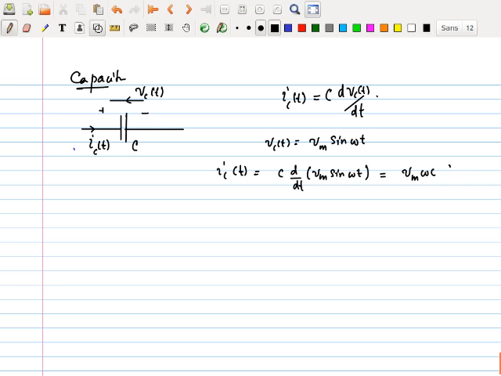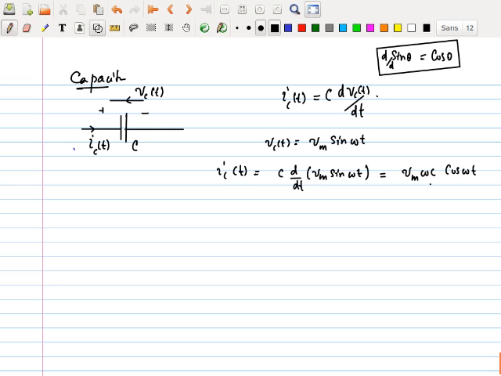Vm omega c cosine of omega t, right? You probably would have done some differentials in your classes, and then you realize d by dt of sine theta is equal to cosine theta. So I have used that here.